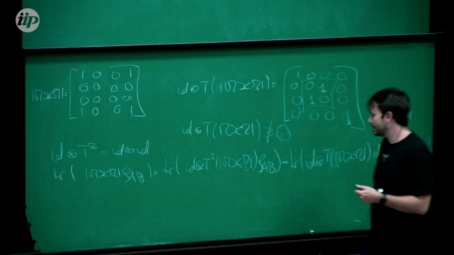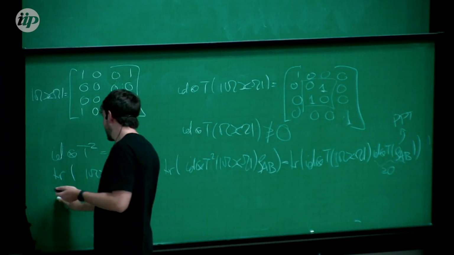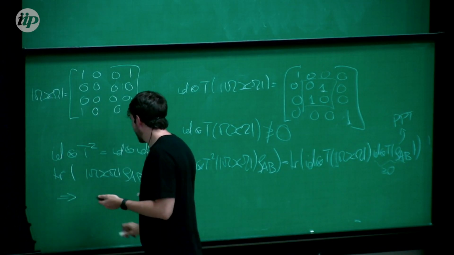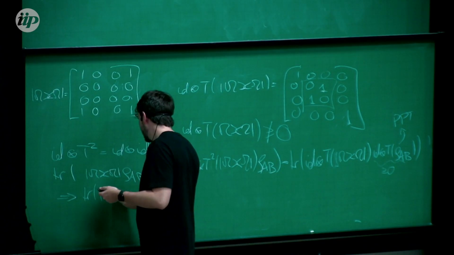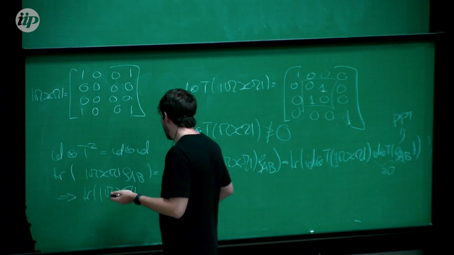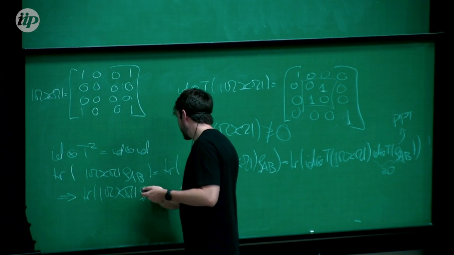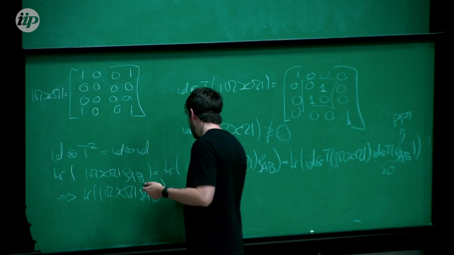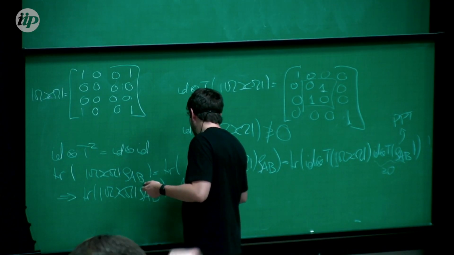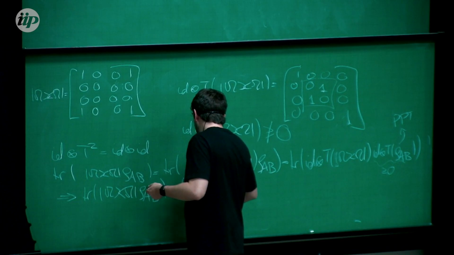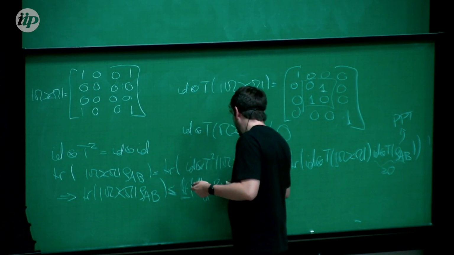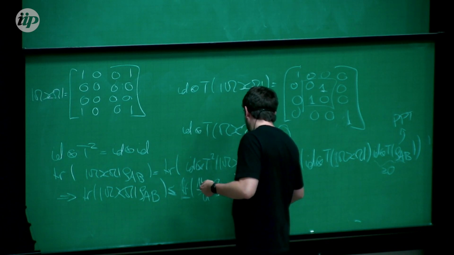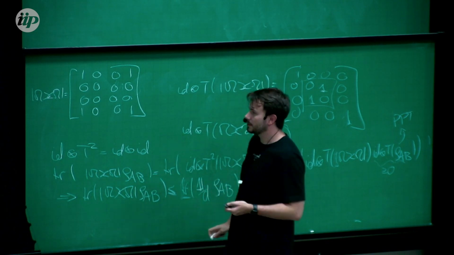So it follows that trace of sigma rho AB is smaller or equal to trace of identity over D times rho AB, and this is 1 over D.